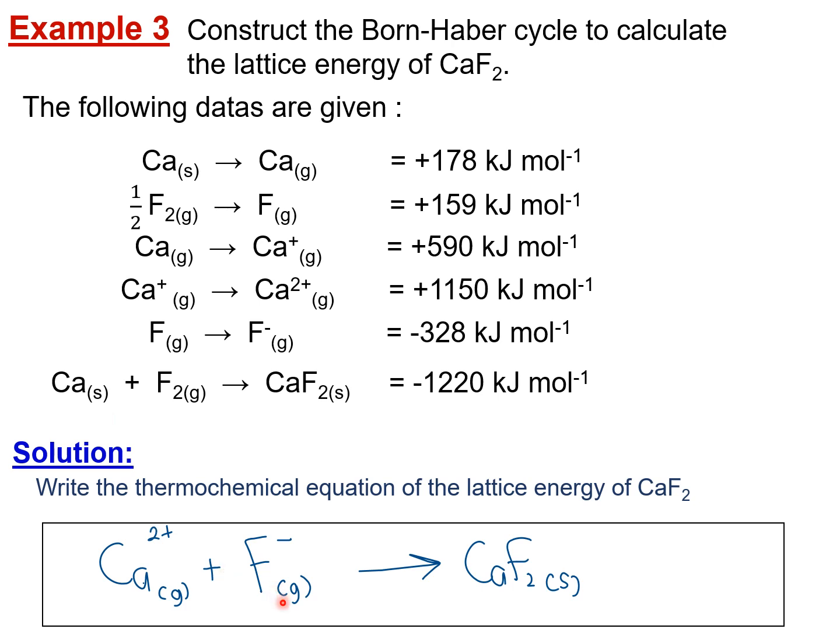F in gas phase juga, tapi kalau you nak balancekan dia kat sini, since you ada 2 F, so you need to put 2 in front of the F-. Okay. And lastly, thermochemical equation tak akan lengkap kalau you tak letak enthalpy dekat bahagian kanan sekali. And this is something that you need to find.